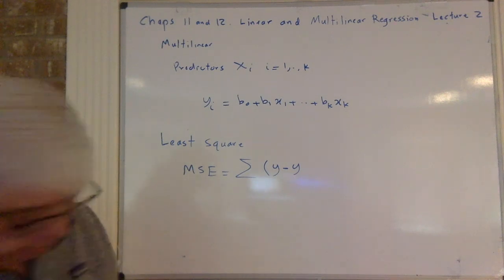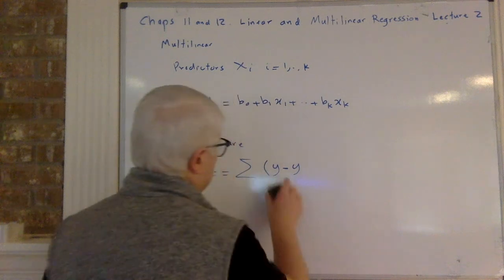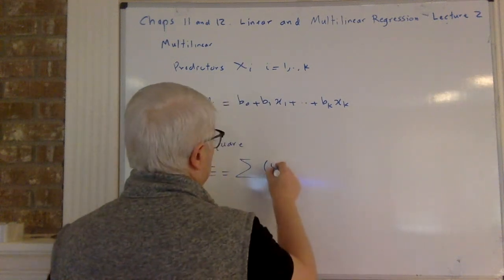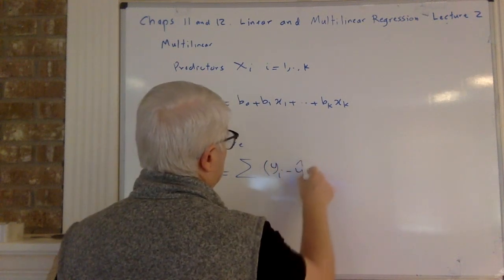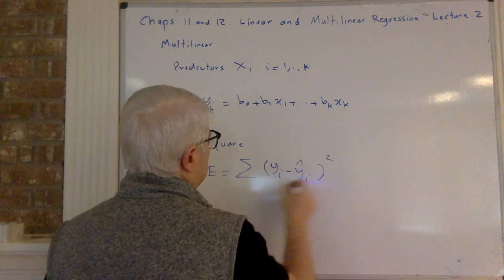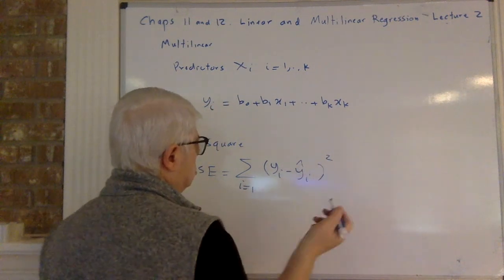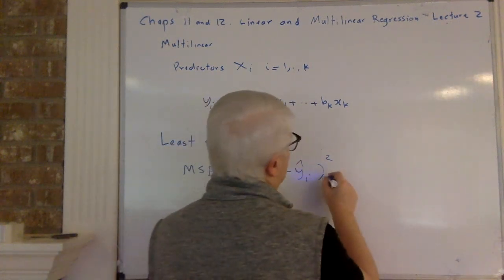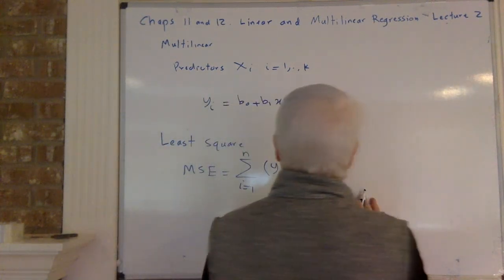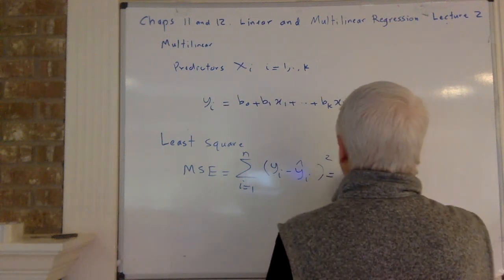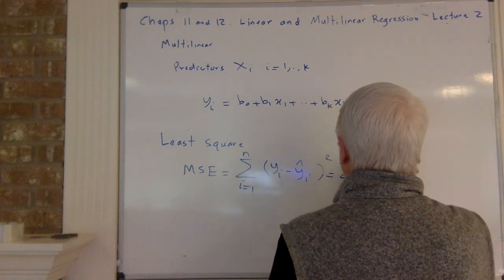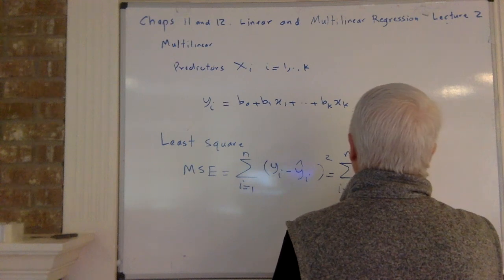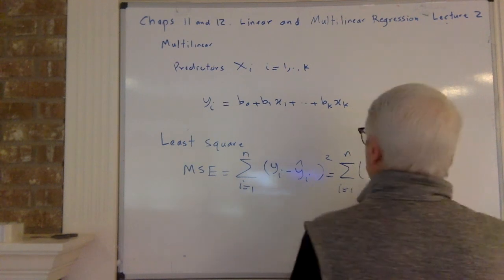So we have n students, and this is in fact the y hat. So we have sigma i from 1 to n, yi minus b0 times x1.